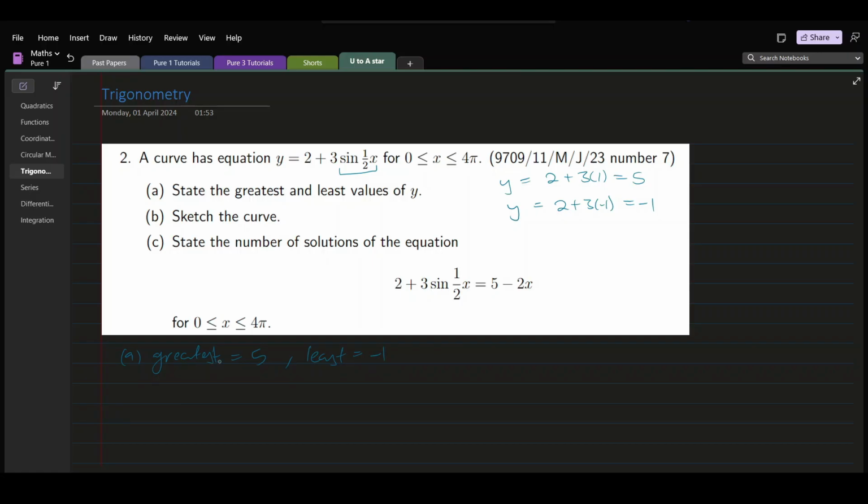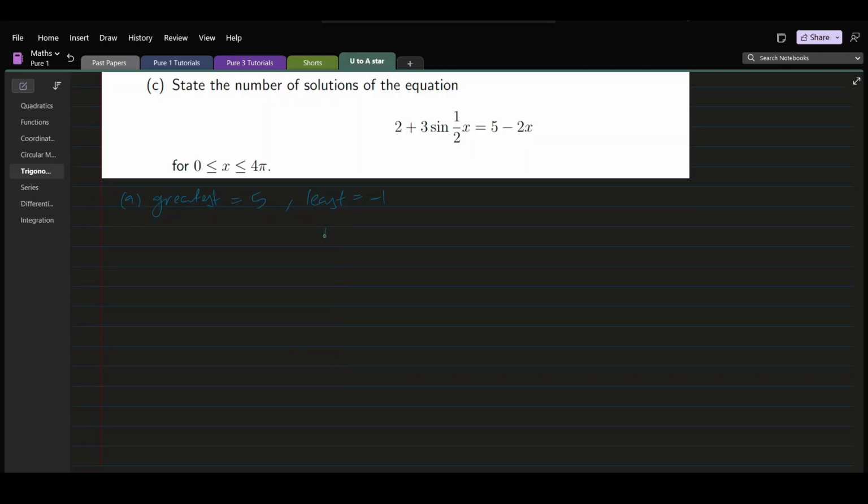Then part B, sketch the curve. Okay, so let's start by drawing our Cartesian plane. So this would be our y-axis, and then this here would be our x-axis. And we said the greatest value for the function is 5.